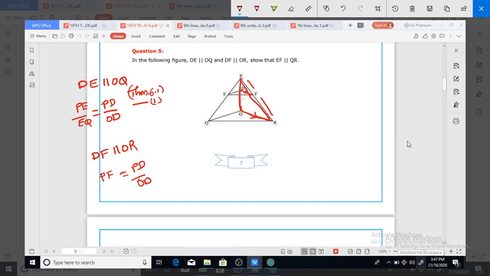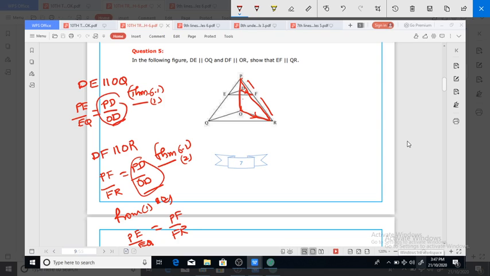Again this is from the Thales theorem. RHS are equal here, so from 1 and 2, PE by EQ is equal to PF by FR, because LHS are equal, then RHS are also equal.